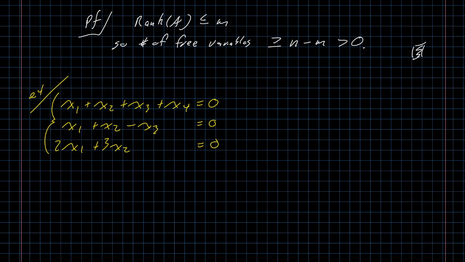This is a homogeneous system. It is a system of 3 equations. It has 4 unknowns. There are more unknowns than there are equations, so we know that there should be infinitely many solutions. There's going to be non-trivial solutions.